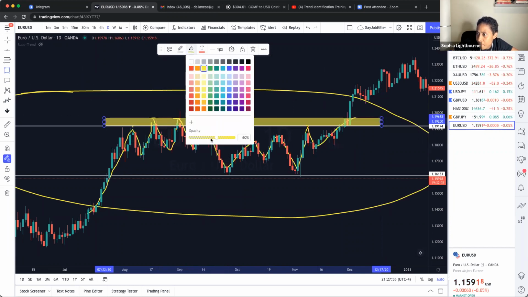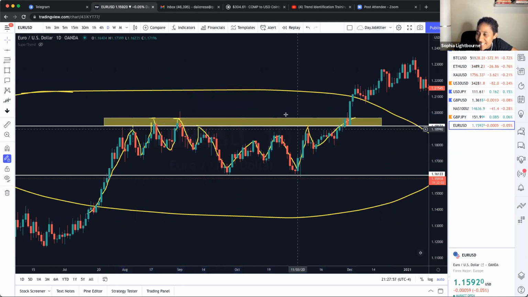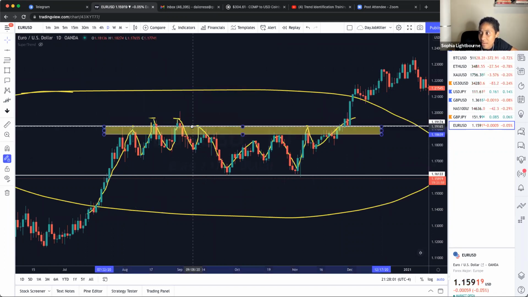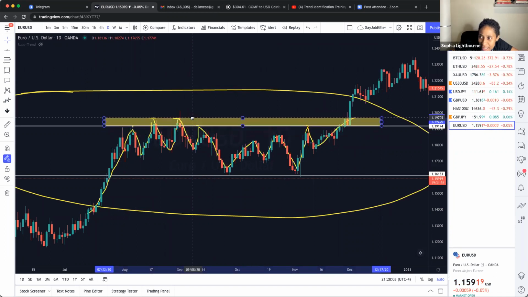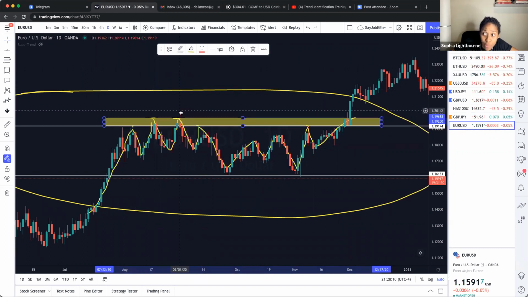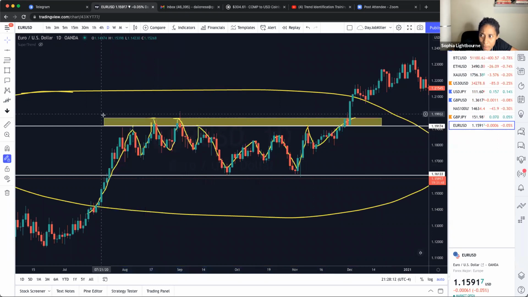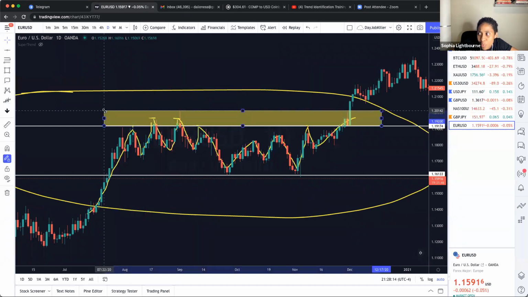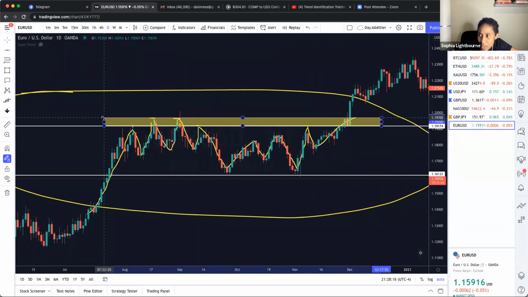Now do you understand why the zone is here and not somewhere down here? It's because I'm looking at the highest point of the resistance. You don't want to mark your zone too huge. You want it right here.